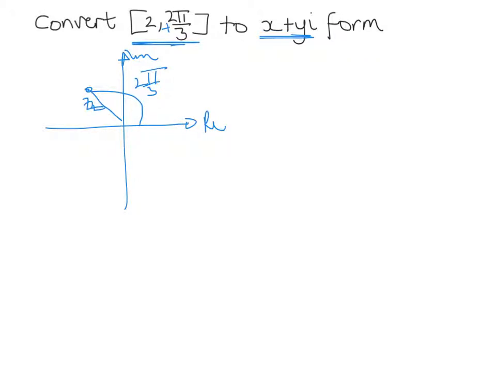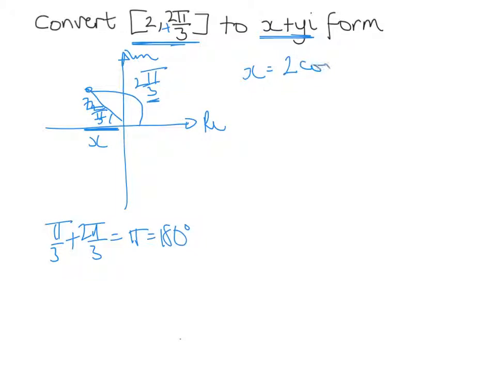So let's figure out how far across we have to go. If it's 2 pi over 3 in that direction, that would have to be pi over 3 in there, because pi over 3 plus 2 pi over 3 equals pi, and that's equal to 180 degrees. So this part here, we'll call this the x part, x is equal to 2 cos pi over 3.